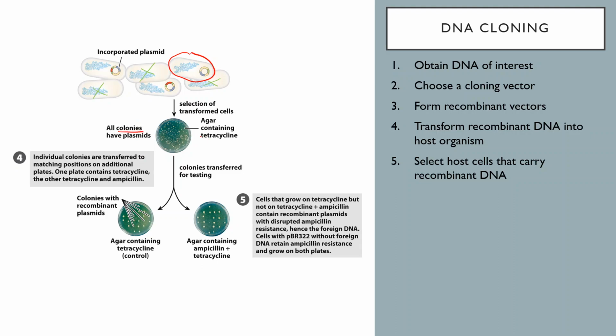So when you look at your plate, you'll see a bunch of little circles, and each circle represents a colony of bacteria, and all of the bacteria in that colony are going to be the descendants of one individual cell, which means that they'll all be genetically identical. They'll all either carry your plasmid or not carry the plasmid within that colony.